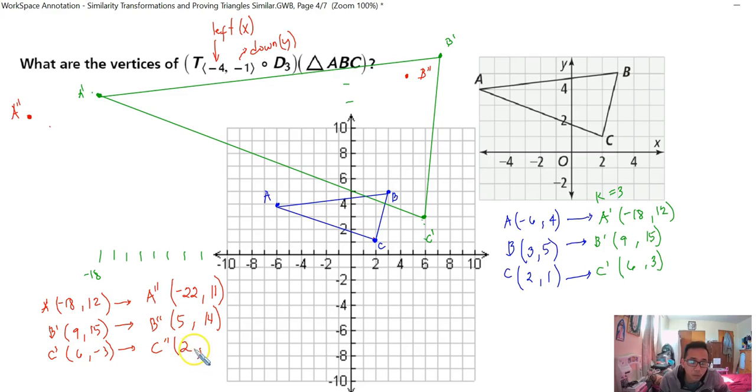And then negative 3 minus 1, it's negative 4. So my C double prime will be 2, negative 4. So from C prime, it goes 4, 1, 2, 3, 4, 1.